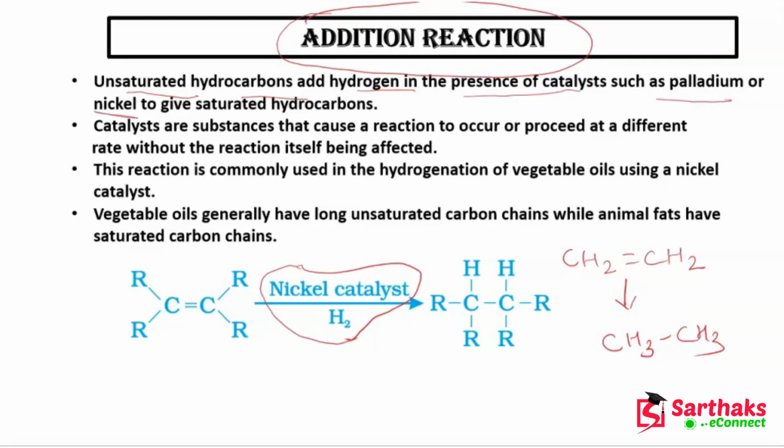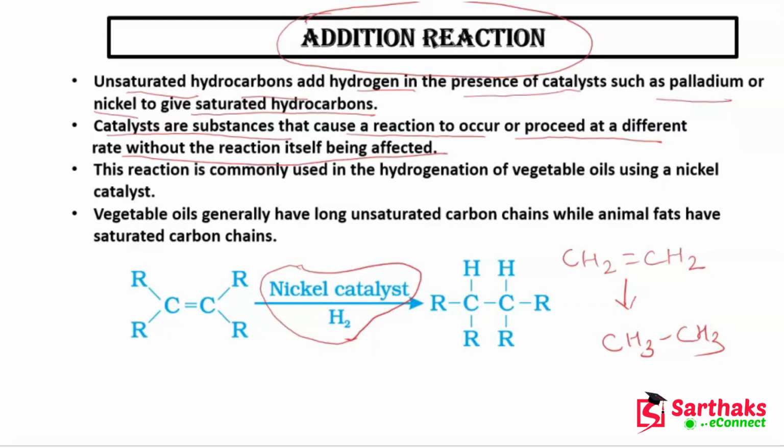Palladium and nickel are great examples of this type of catalyst, because they add hydrogen to give saturated hydrocarbons. Now catalysts are substances that cause a reaction to occur or proceed at a different rate without the reaction itself being affected.